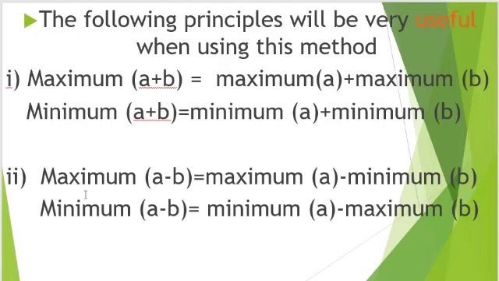Then the minimum of A minus B: we minimize A and maximize B. When you minimize the first term and maximize the second term, obviously the final answer will be small.